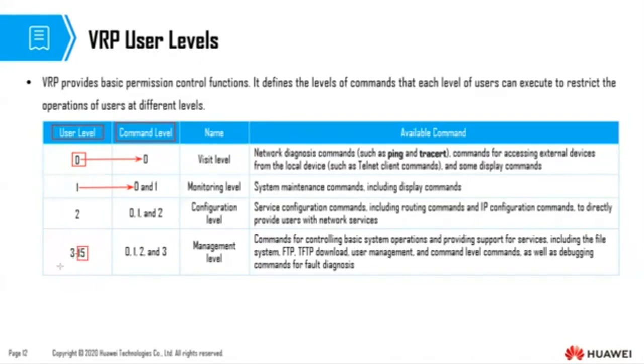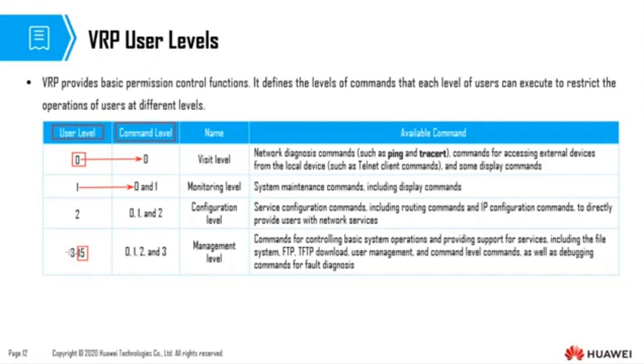But the user levels from level 3 to level 15 are the same user level. Only that, for example, you cannot remove or create a user with a higher level than yours.